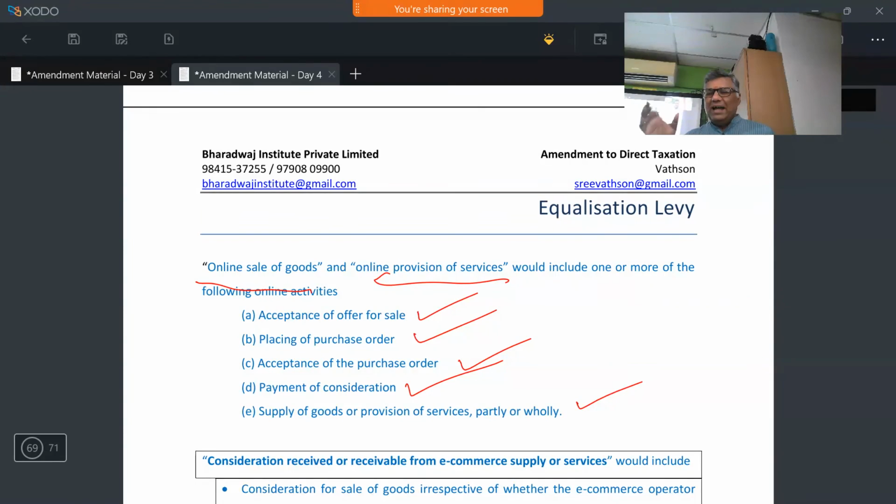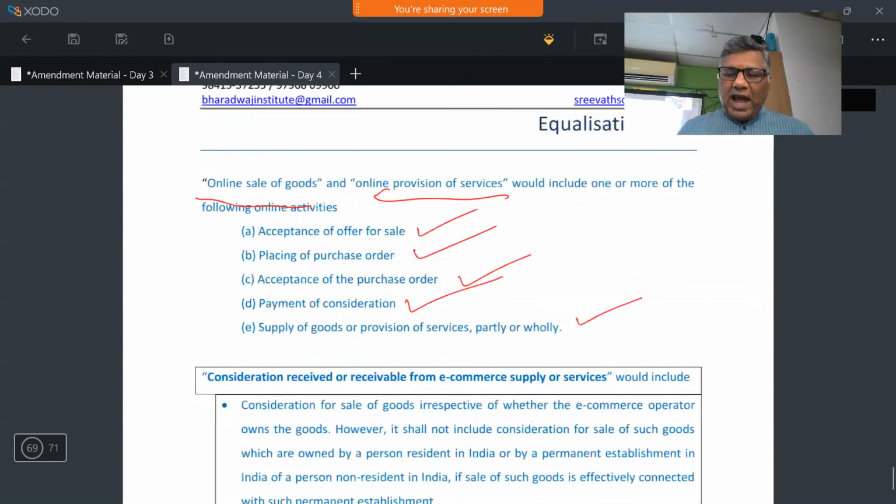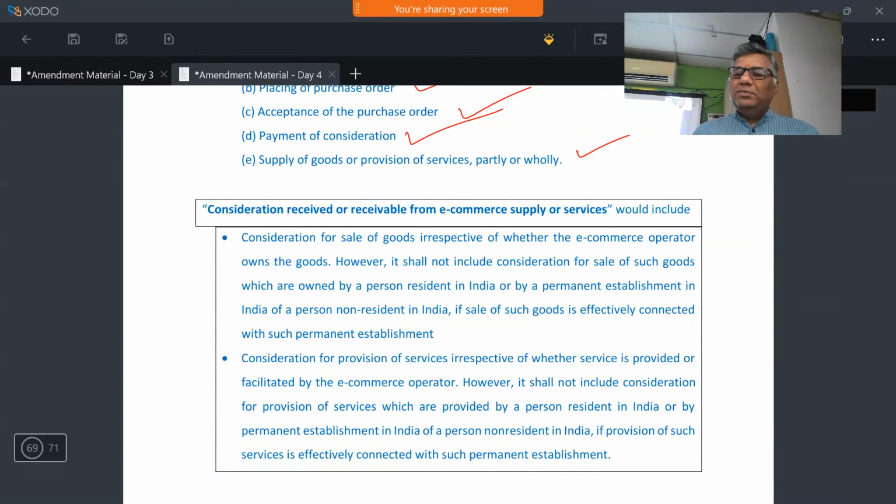So far we have just said that equalization levy is for those companies which do not have a PE in India but make online sales or provide services in India. We haven't defined what is online sale, what is online services. That is what is defined, and what is consideration. Consideration for sale of goods applies irrespective of whether the e-commerce operator owns the goods.